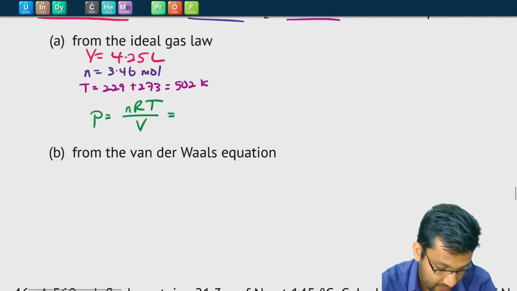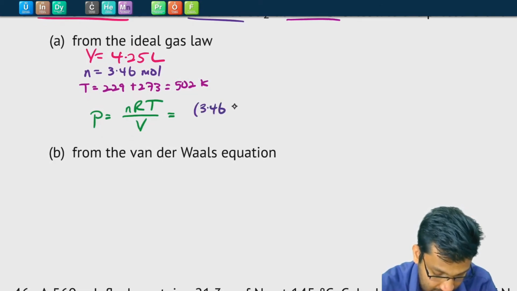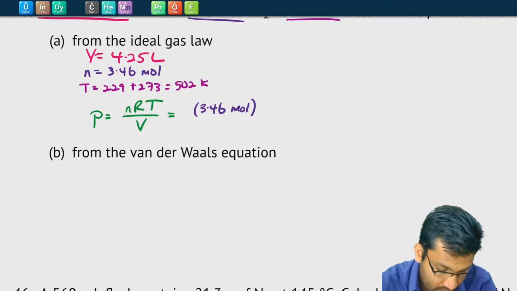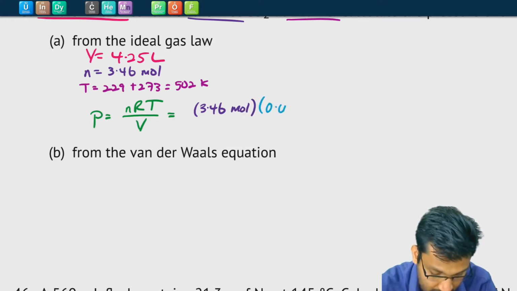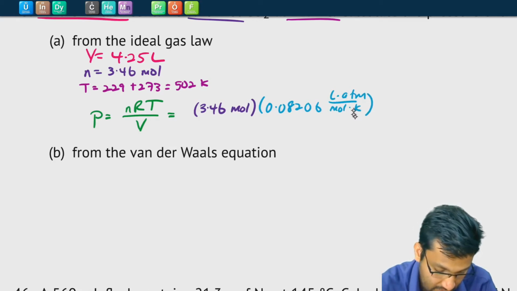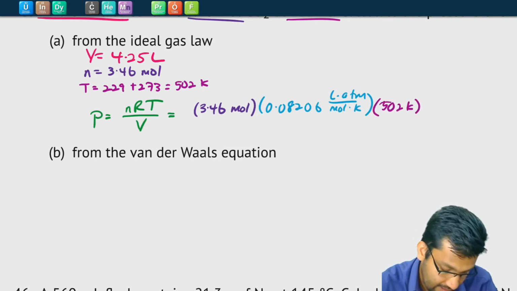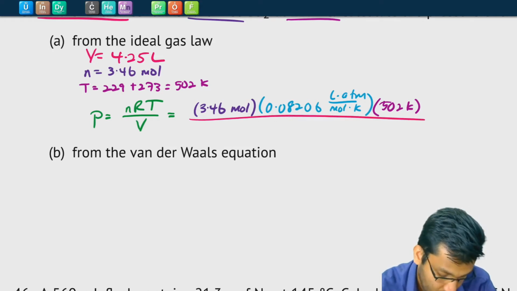That's all that's left. n is 3.46 moles. R we know is 0.08206 liters times atmospheres over moles times Kelvin. T is the temperature, which we happened to calculate as 502 kelvins. And then V is the volume, which is 4.25 liters.